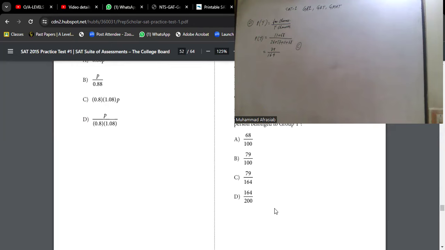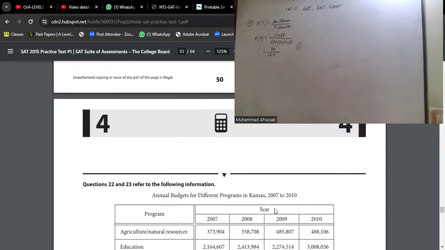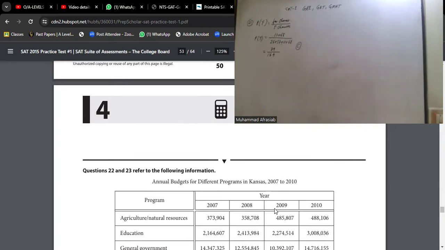Now we start the next question. Questions 22 and 23 refer to the following information. Annual budget for the different programs in Kansas from 2007 to 2010.